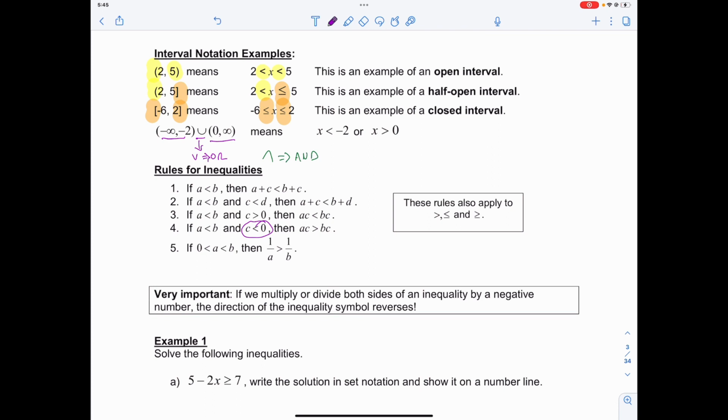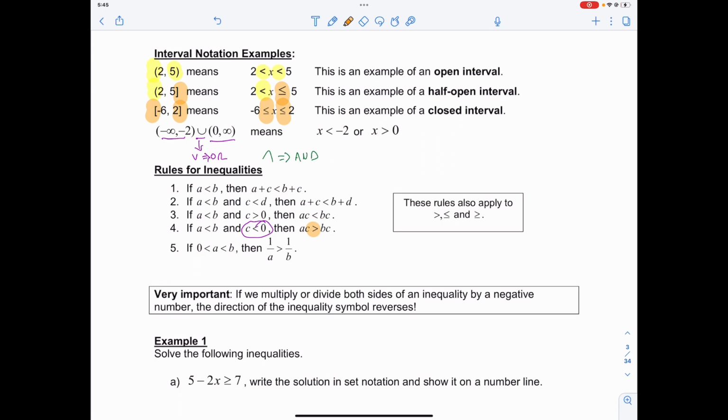The one that we get stuck on is if c is a negative number. When I multiply by a negative number, the direction of the inequality changes. Even though 5 is less than 7, negative 5 is greater than negative 7. So when I do that negative, it's going to make it further away from 0 for the bigger number.